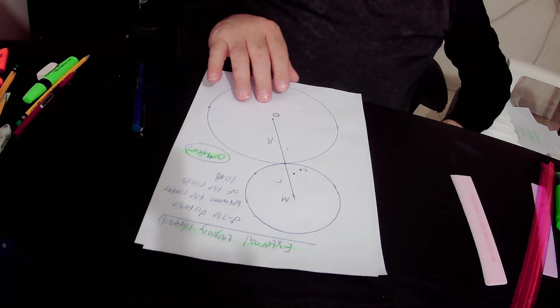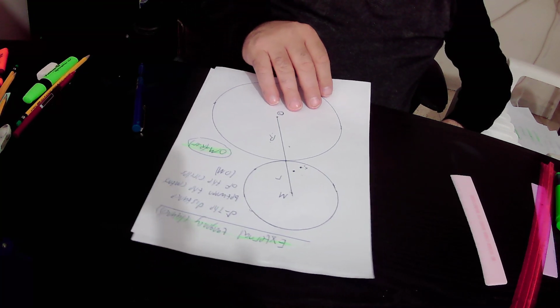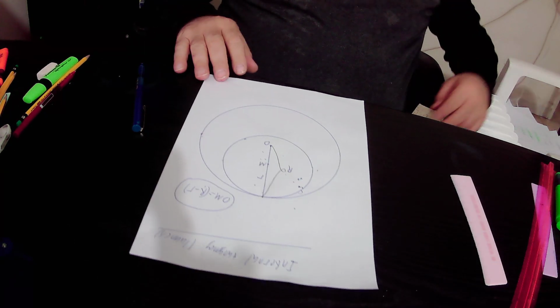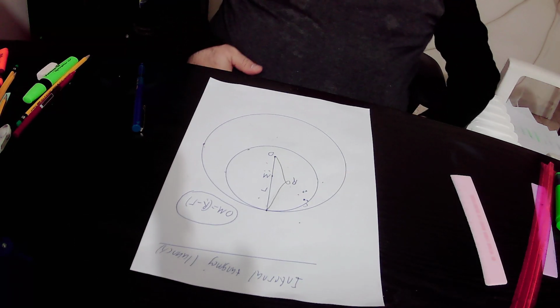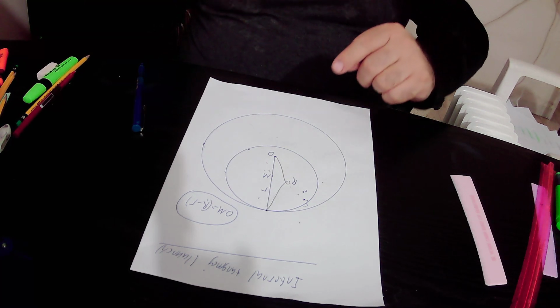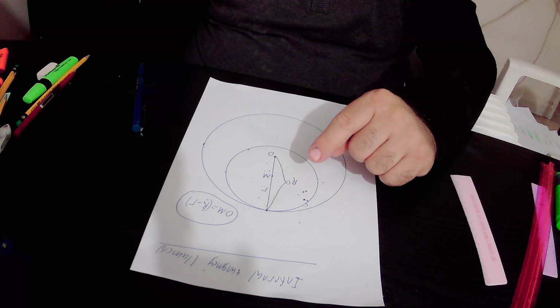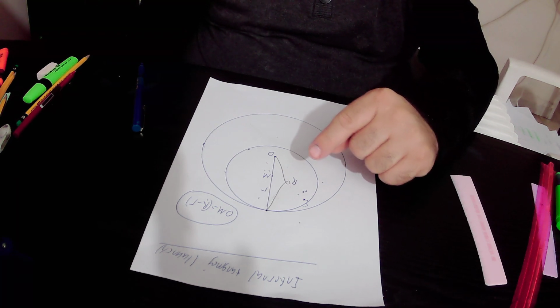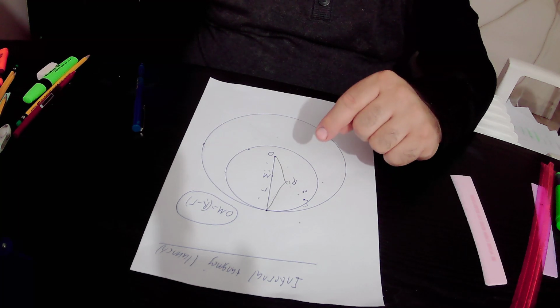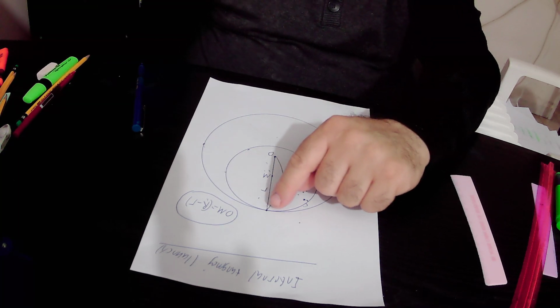And we also have a second type of tangency between two circles. If two circles are touching each other at one point internally, then it is defined as internal touch, like in this drawing. Those two circles are touching each other internally at this point.